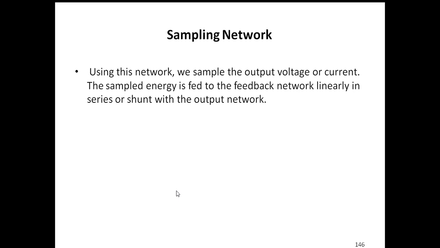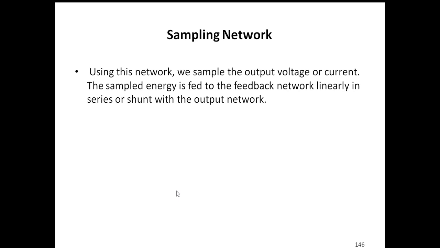Just now I told you we sample the output voltage or current. It means the output signal is divided into so many signals, and each signal is nothing but a sample. The sum of all these samples is equal to that signal.